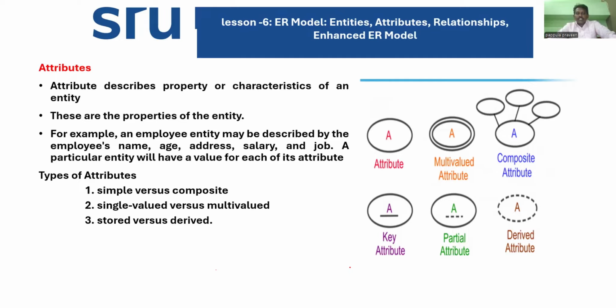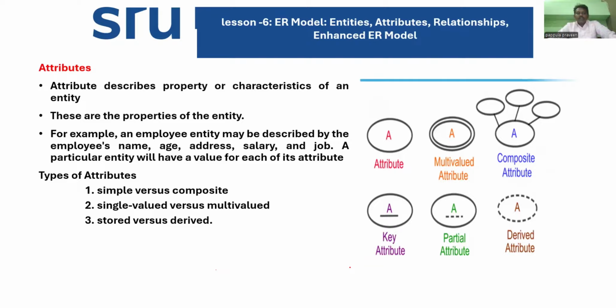These are all the characteristics of an entity. For example, an employee entity may be described by the employee's name, age, address, salary, and job. A particular entity will have a value for each of its attributes.